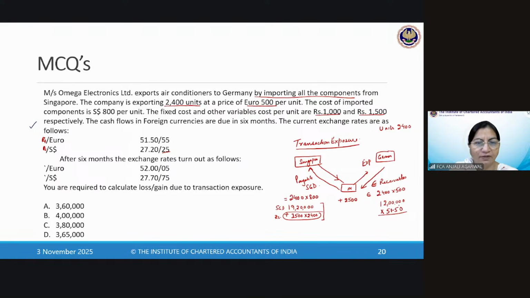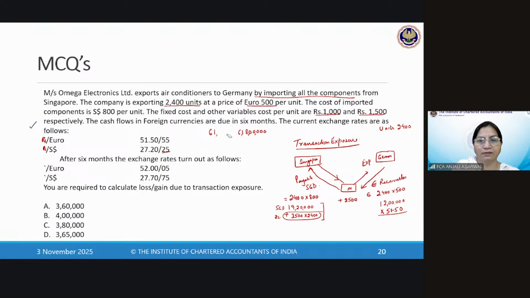So today, if you sell, your revenue is 12 lakh into 51.5, which is 6 crore 18 lakhs.